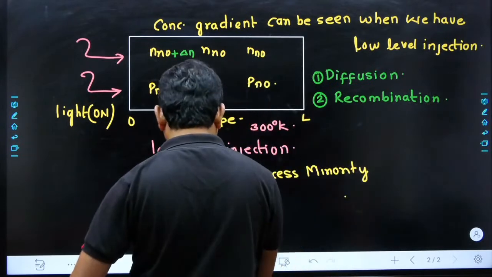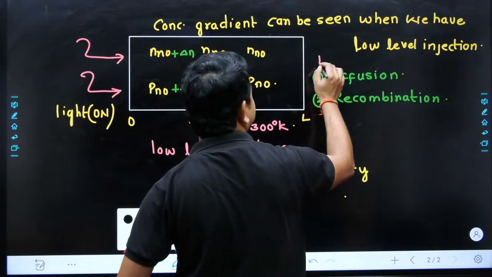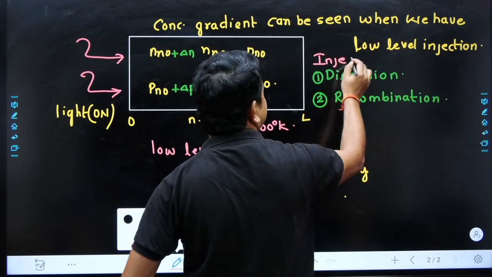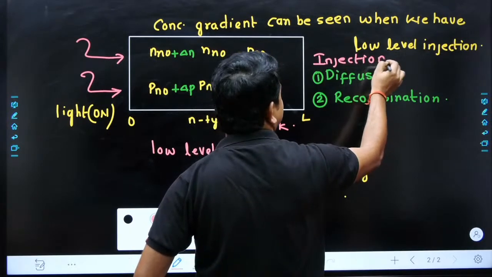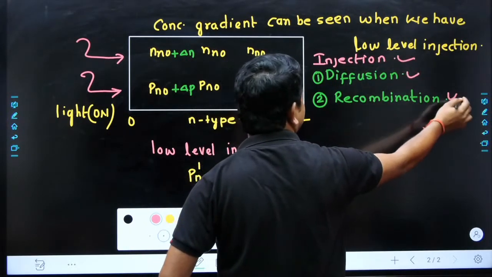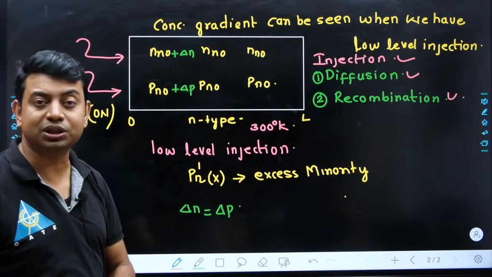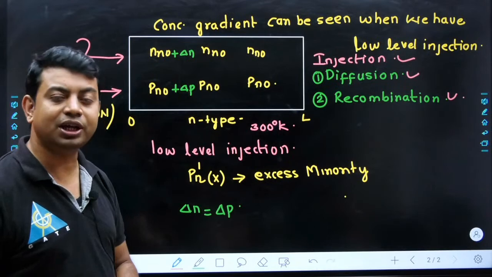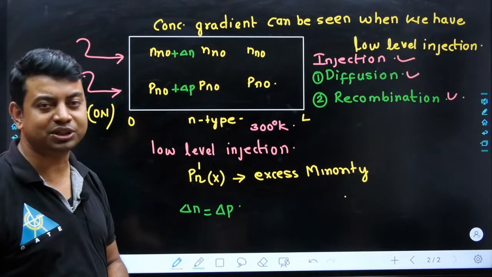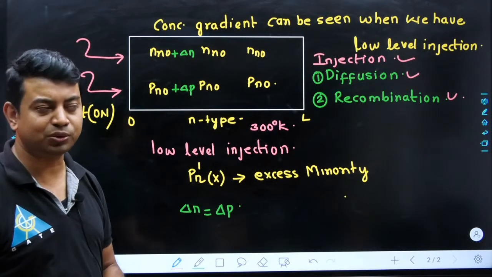So initially we have the injection, then diffusion, then recombination. These are the three processes that take place within the semiconductor when we irradiate it with a light source, and that is known as low level injection.